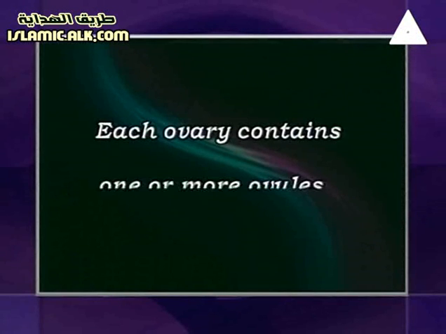Each ovary contains 1 or more ovules. Remember that. We have a fixed number for each mother cell in the male reproductive organ, which gives us microspores. While in the ovary, each ovary may contain just one ovule, or it may contain more than one ovule.